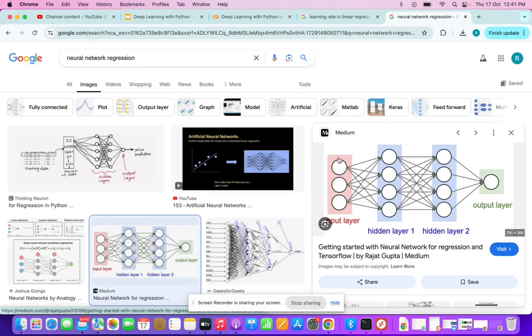What I'm going to do is a loop. We are going to train the model and calculate the loss. Once we start training the model, it goes from here to here, which is called the forward pass. We will calculate the loss.